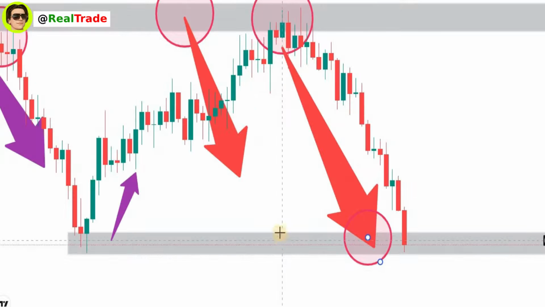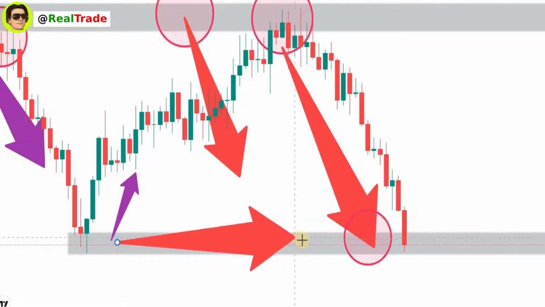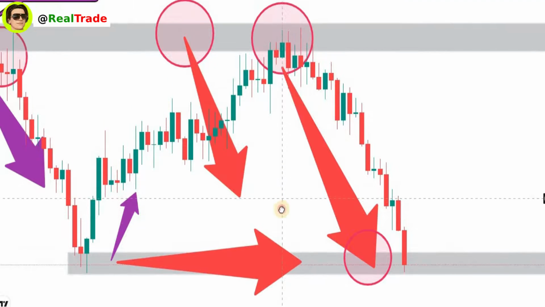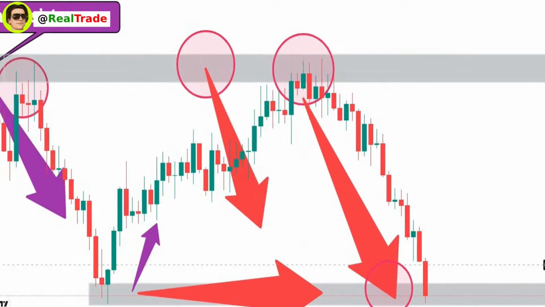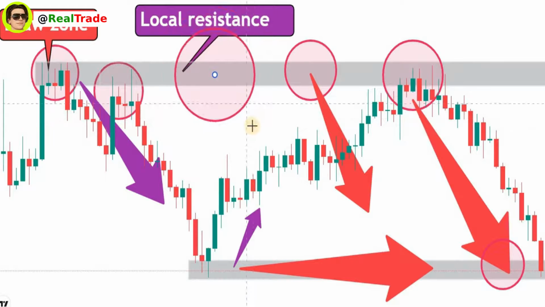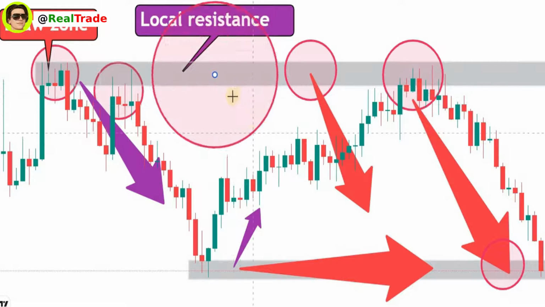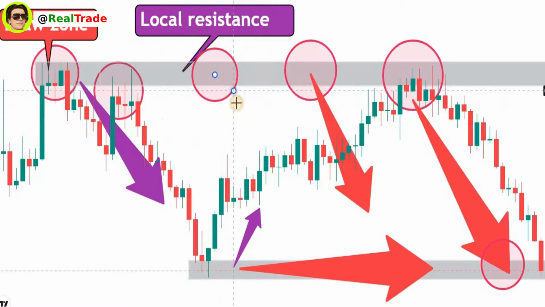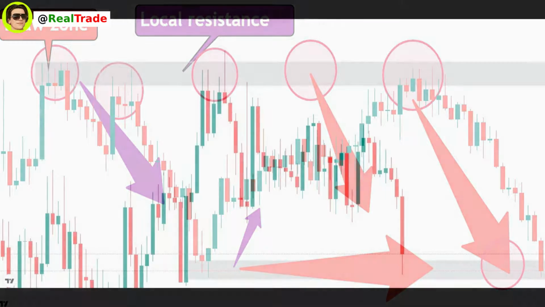Look at the mouse, this area. Support zone. Local support zone. Yes. The best local resistance. Yes. Local resistance. The best resistance.